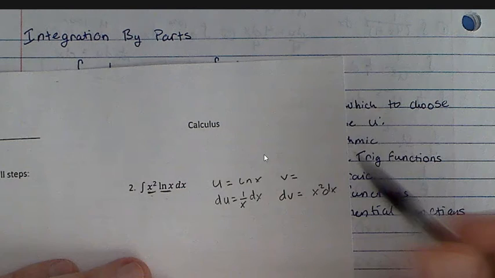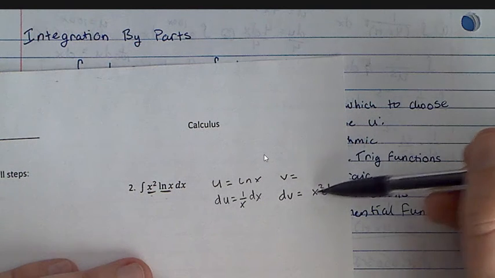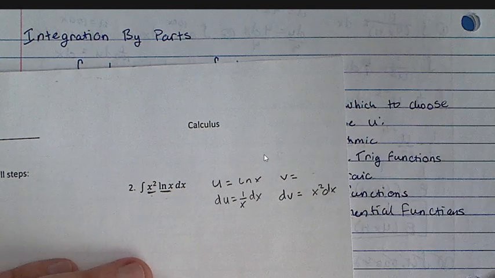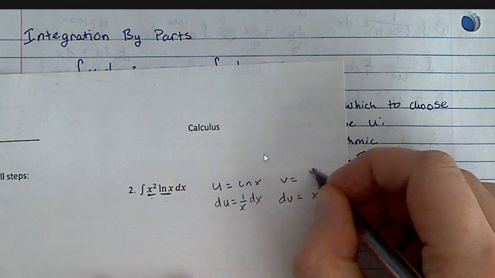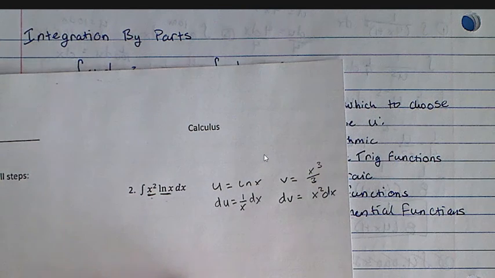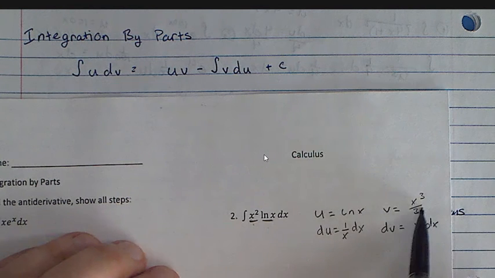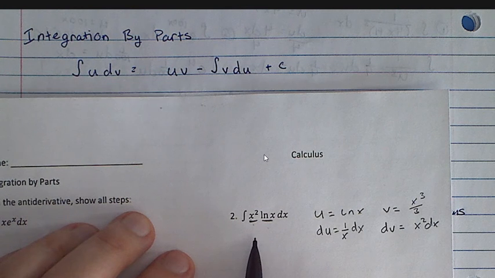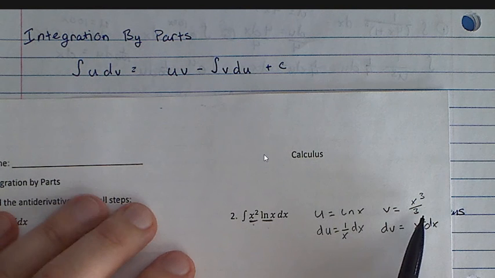Back over here, this is x squared, so we have to do the antiderivative of x squared. x to the third over 3. Okay, cool. Sweet, this is going to work out.